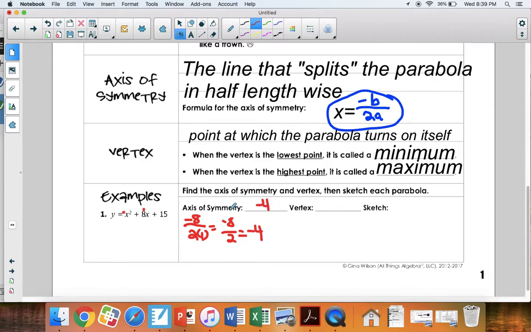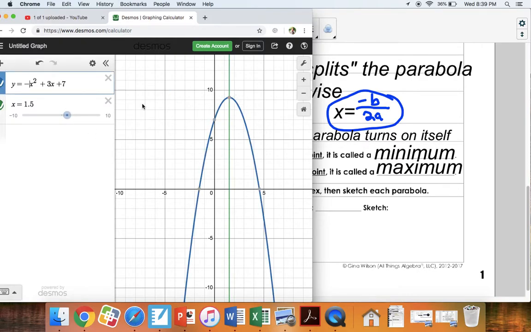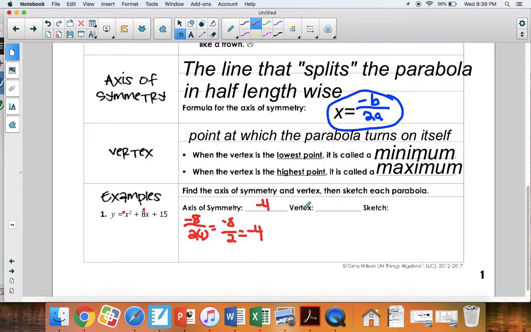The axis of symmetry, when I typed over here and I found the axis of symmetry of this parabola, I said x equals 1.5. And that's the point at which we're going to find that right there. So when we know what our x value is, all we have to do is plug in this x value into this equation.